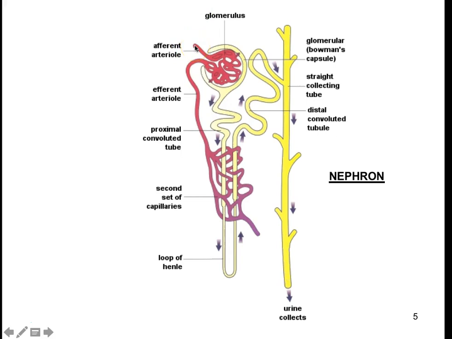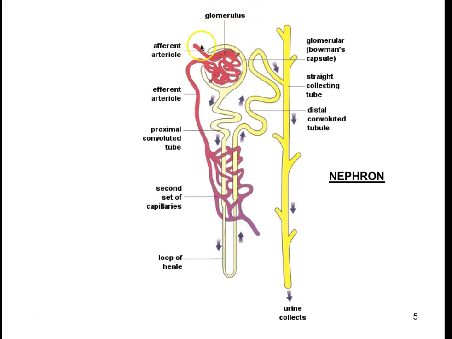Afferent, meaning the first coming into, so you have the afferent arteriole, which can undergo vasodilation, vasoconstriction, and it's going to come into that nephron structure at the beginning. This cup-like structure is called Bowman's capsule, and the afferent arteriole breaks into the first capillary bed. The capillary bed is called the glomerulus.